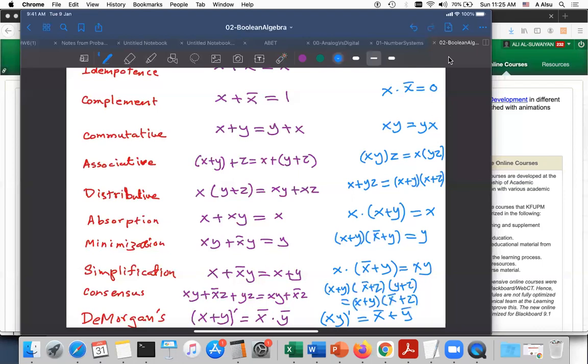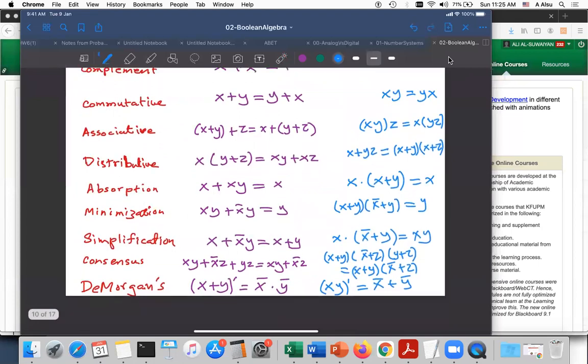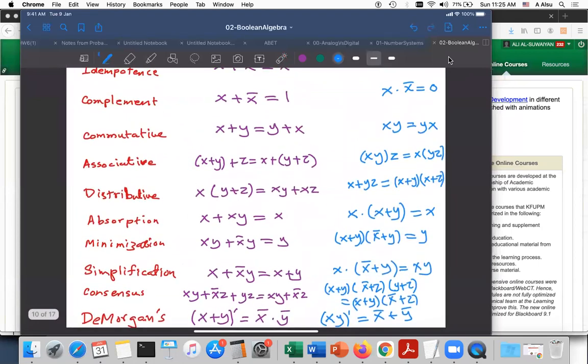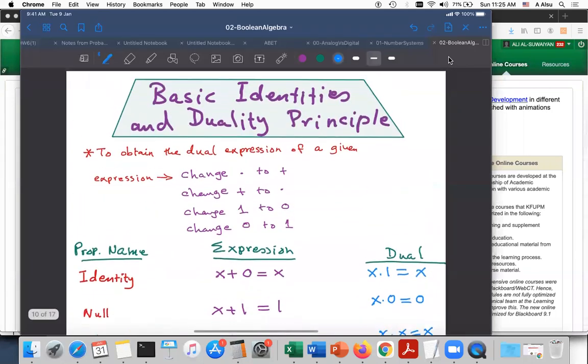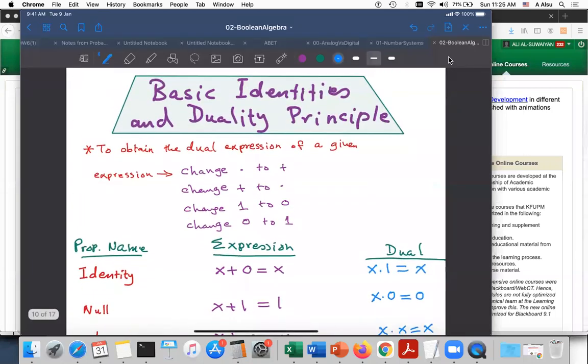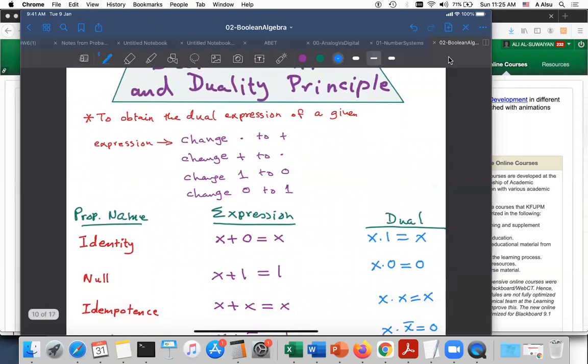Okay, this is the dual of De Morgan's law. I think by now we finished the dual properties, the dual principle, as well as the basic identities.